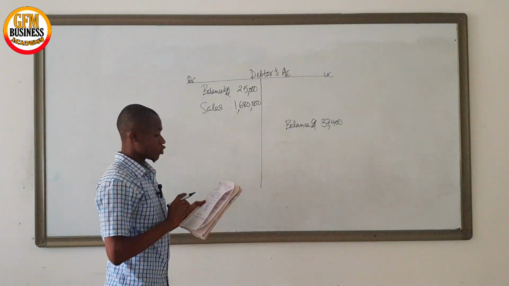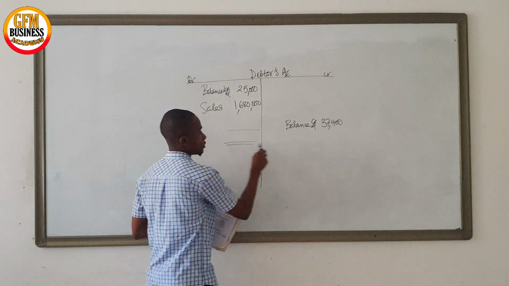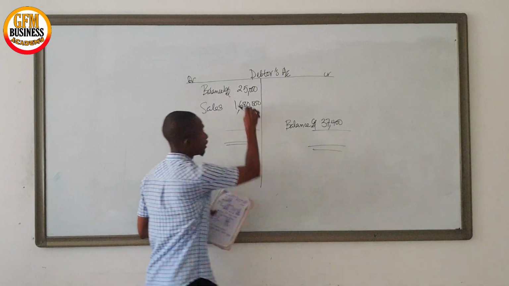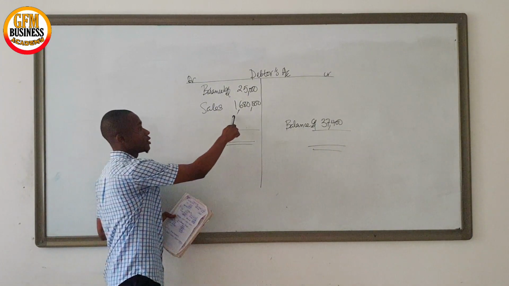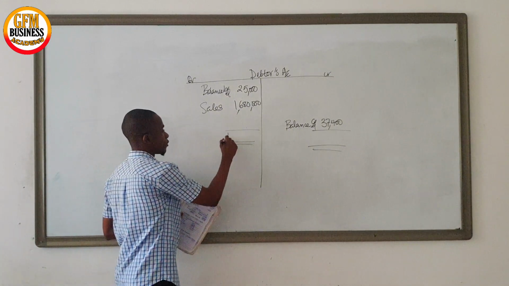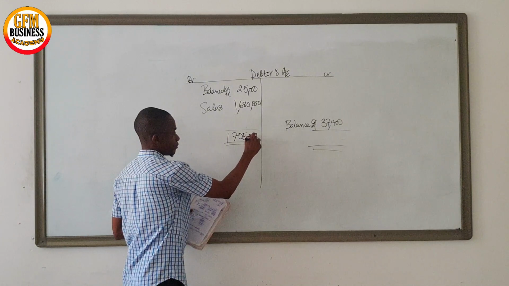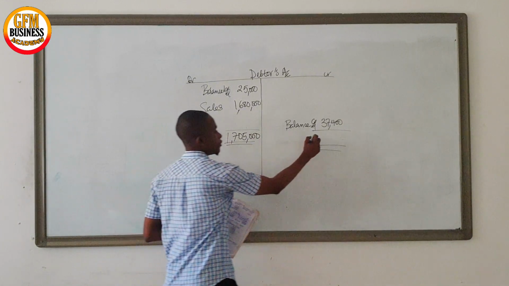So in order to find the cash collected, you close this account and find the total on this side. Take 1,680,000 plus 25,000. What do you get? You get 1,705,000. Put it on this side also.